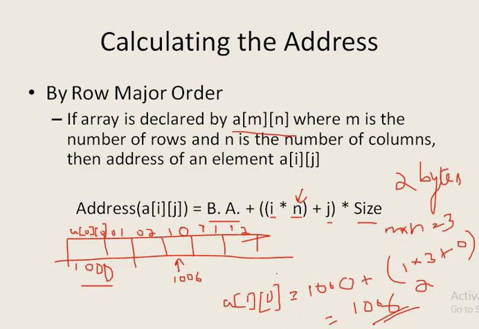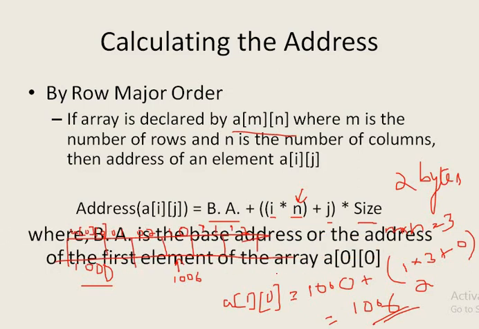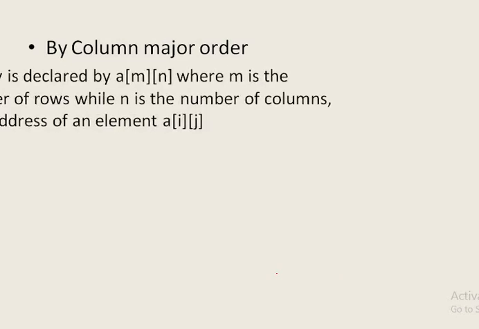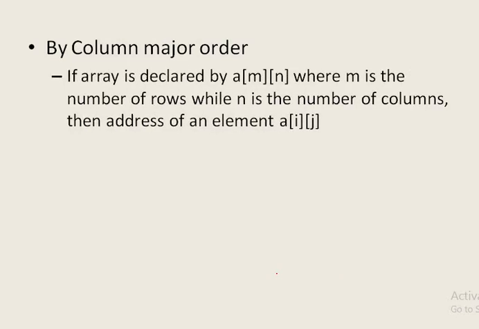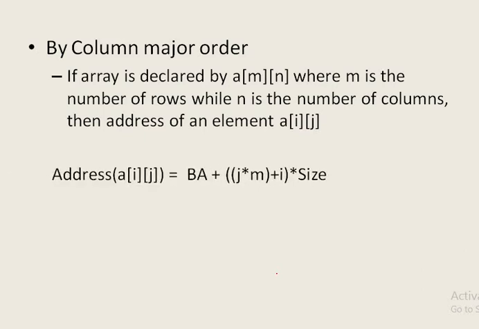Now let us move on to the second method. The second method is column major order. So if you are storing the elements in a column major order, then it can be calculated by using the following formula. That is, address of Aij is equal to base address plus j into m plus i into size.